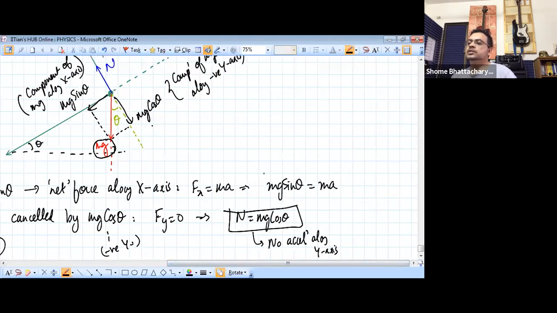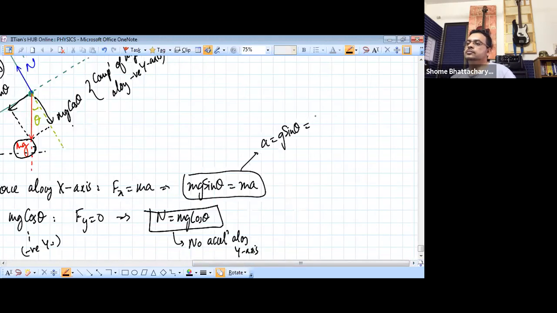Whereas this equation is showing us that there is an acceleration of g sin theta, or 10 into sin 37, so that is 6 meters per second square along the x-axis, that is down the inclined plane.